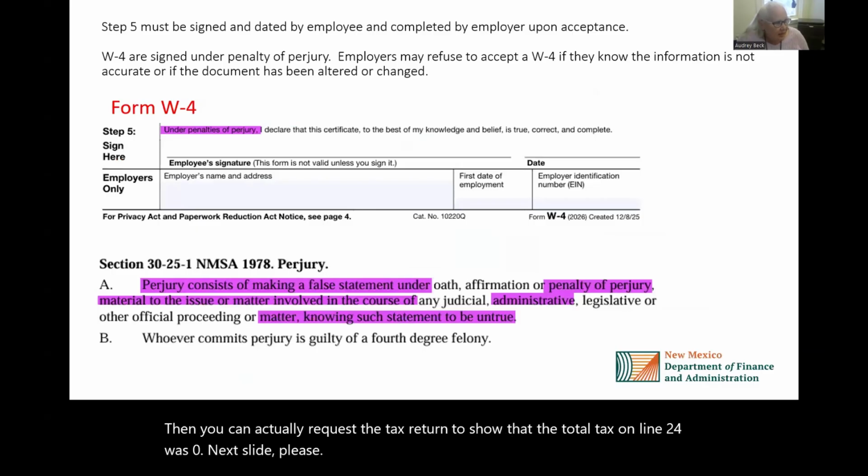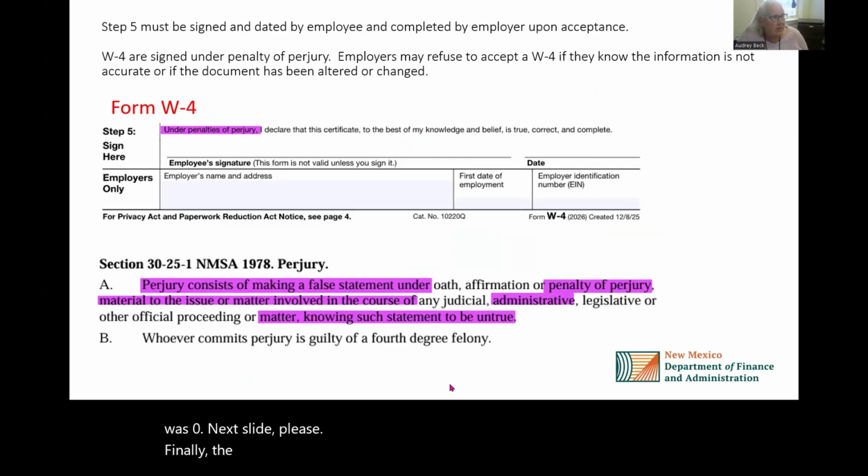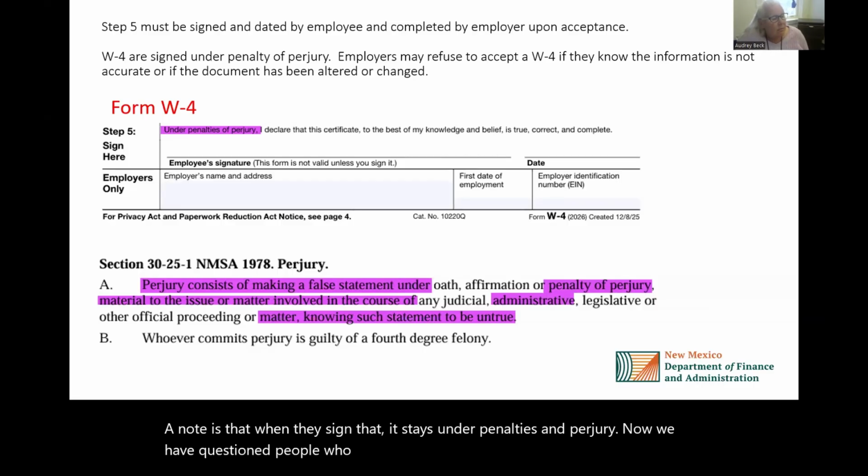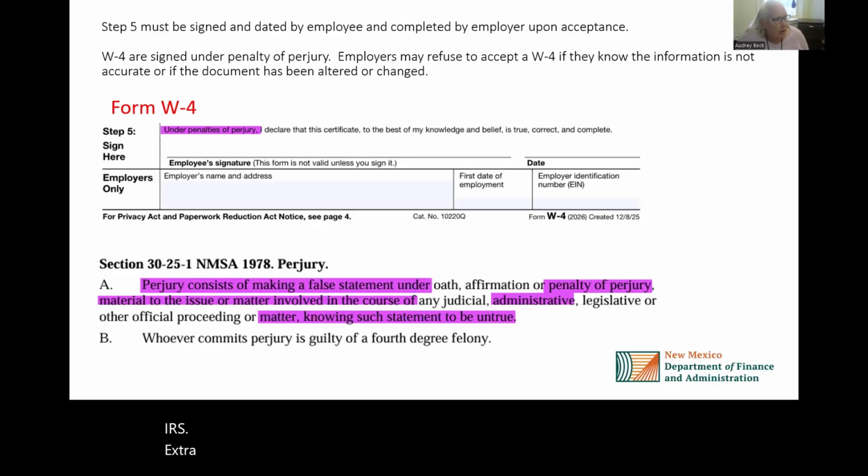And finally, the W-4 must be signed by the employee. And you will notice that when they sign that, it states under penalties of perjury. Now, we have questioned people who have claimed exempt, and they're like, well, I will deal with the IRS extra fees for not completing my W-4 correctly.